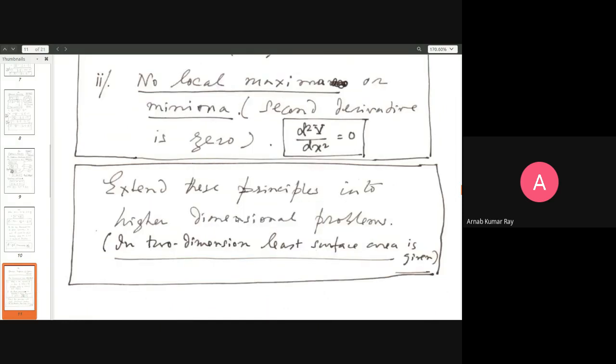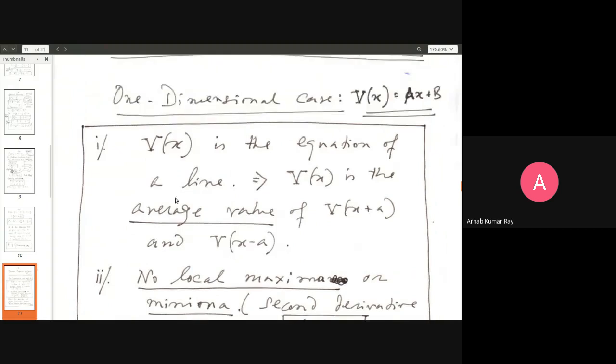Now I'm saying extend these principles into higher dimensional problems. What do I mean by that? In 2 dimensions, least surface area is given. Let us try to understand the meaning of this geometrically. So I have given you a function v with respect to x. Fine, that is all right.